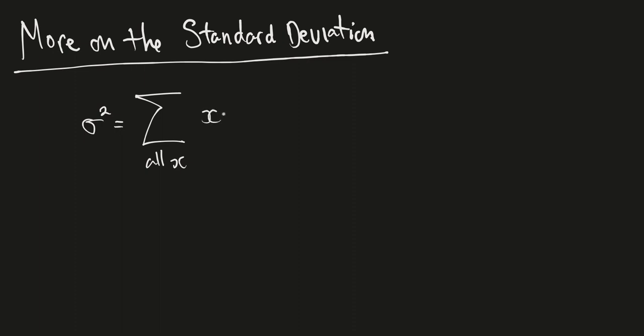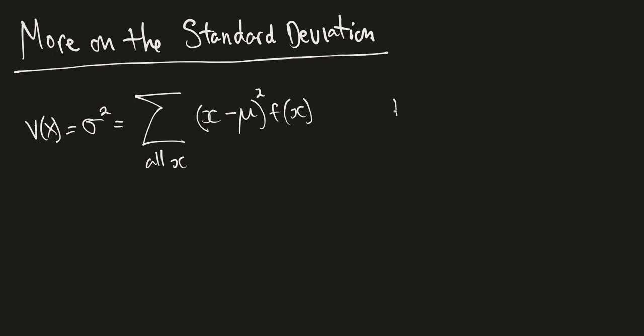You take each x value, you subtract the mean, you square, and then you multiply by the PDF, right? So this is our definition of our variance, and we can denote it like this, or we sometimes just use the letter V to represent the variance of our random variable.